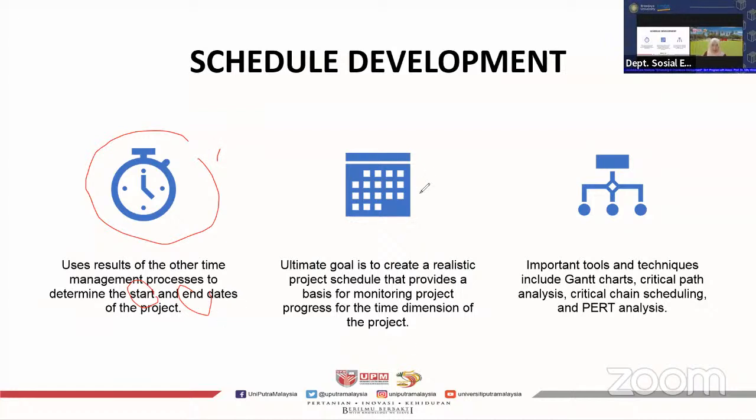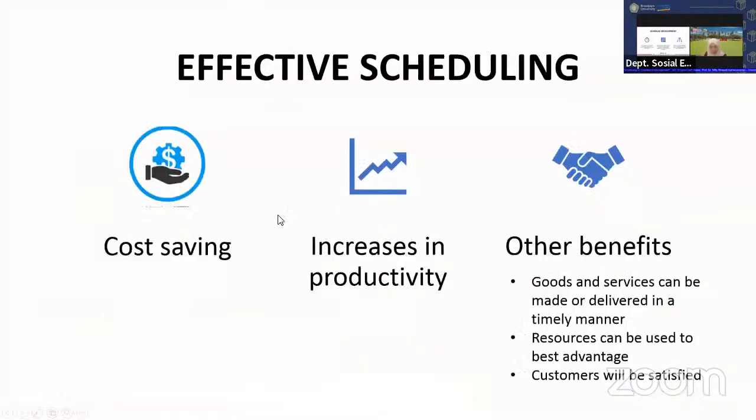Okay, and then we need to create a realistic project schedule that provides a basis for monitoring project progress for the time dimension of the project. And we can use the Gantt chart, PERT analysis, critical path method, CPM, and also critical chain scheduling, right? So this is the schedule development that everybody needs to understand, the operational definitions of scheduling.